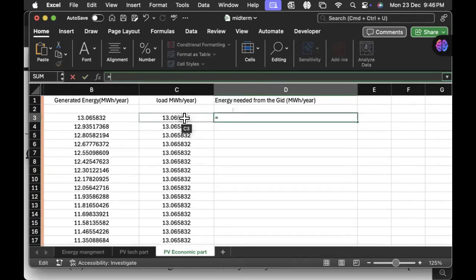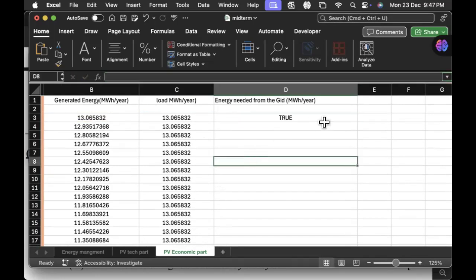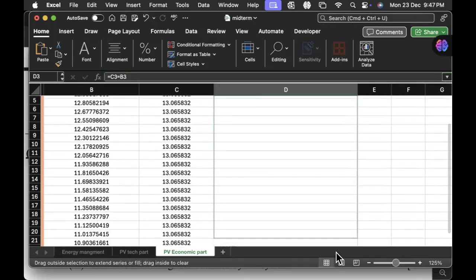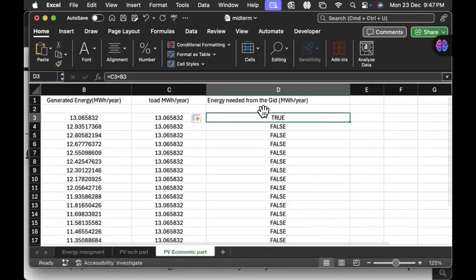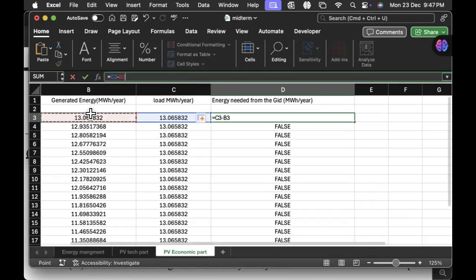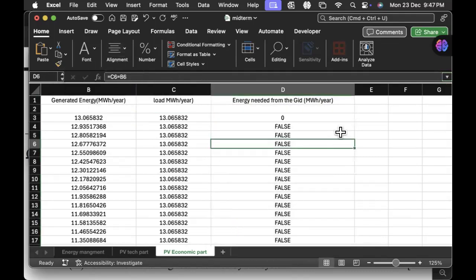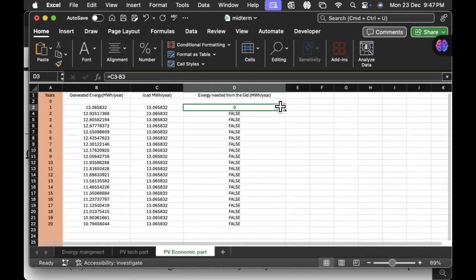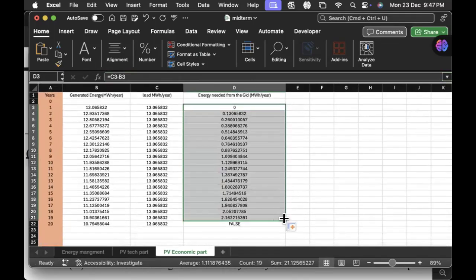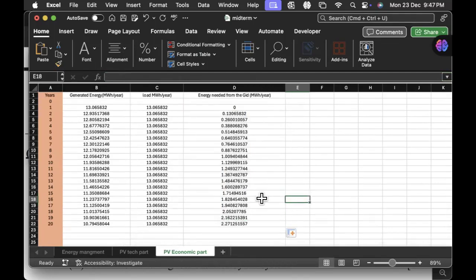Simply it will be a subtraction: let's subtract this from this. I think I did something wrong. Yes, I know I did something wrong. And then here you can calculate the energy needed to be taken from the grid across the system.